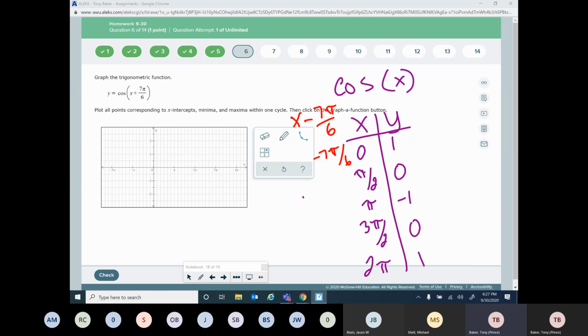The pi over 2 is 3 pi over 6, so subtracting 7 I get negative 4 pi over 6. Pi would be 6 over 6, so I get negative 1 pi over 6. 3 pi over 2 would be 9 pi over 2, so that's 2 pi over 2. And 2 pi would be 12 pi, so this would be 5 pi over 2.